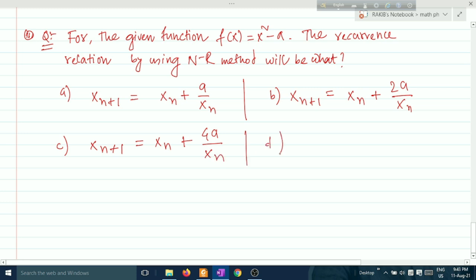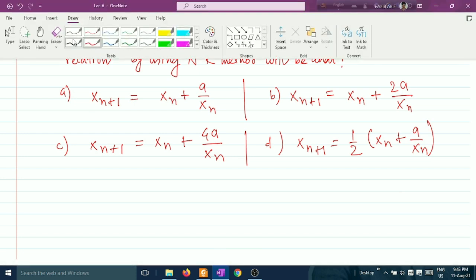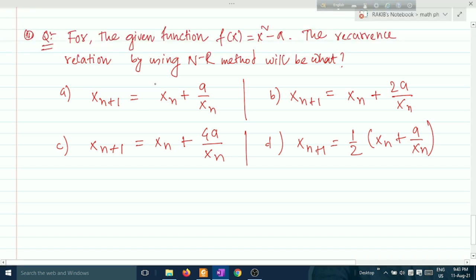And option D, xn plus 1 equals 1 by 2 times xn plus a by xn. These are the options. You have to do it carefully. This is important, and I'll tell you the importance after the problem is solved. So let's take the answer.